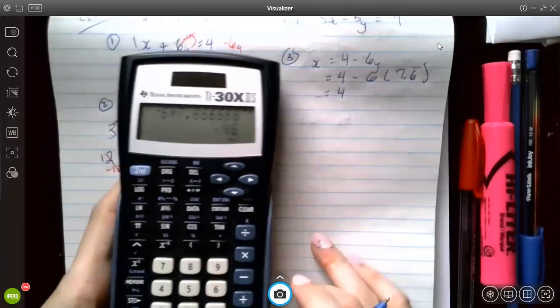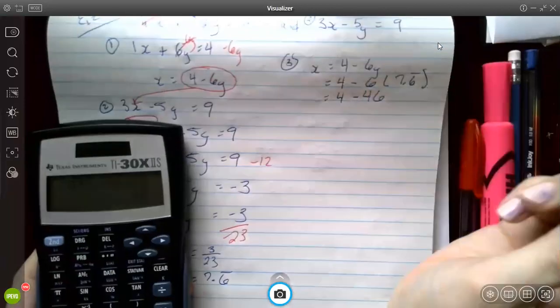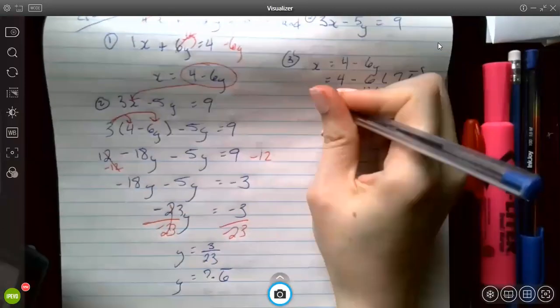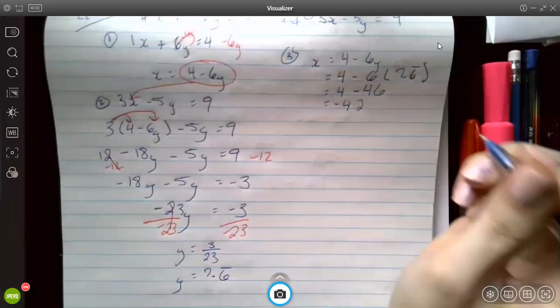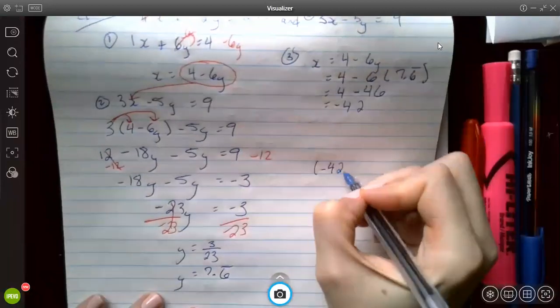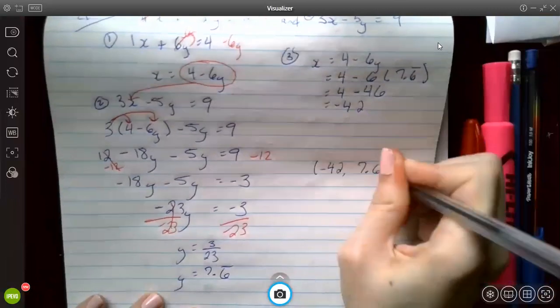Okay, so that is then minus 46. And then 4 minus 46 is negative 42. So if you needed to write this as a coordinate, your x would be negative 42, your y would be the repeating decimal.